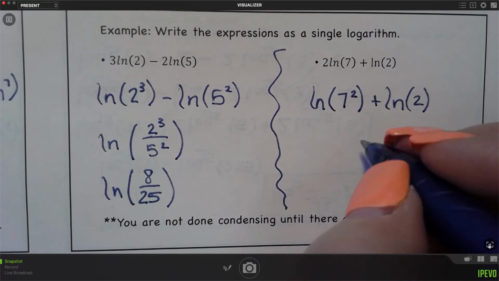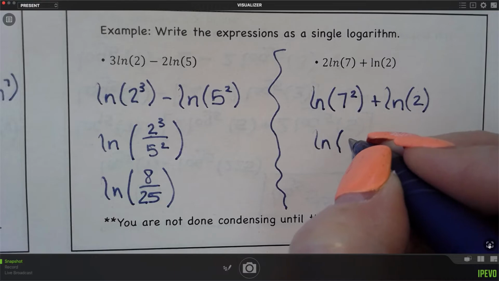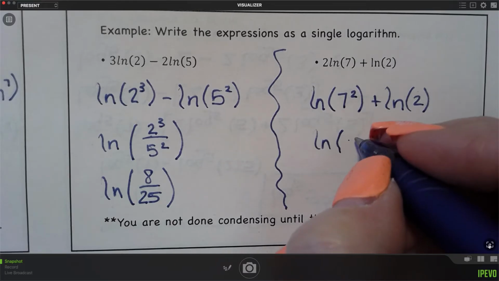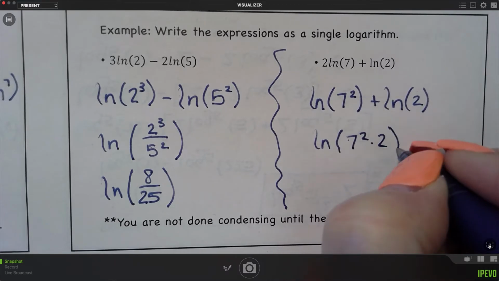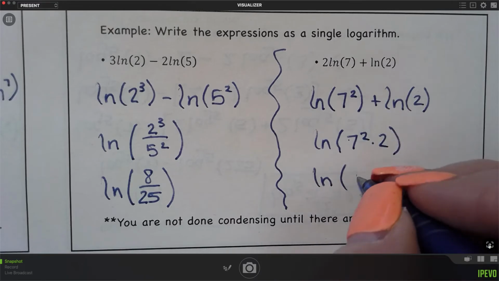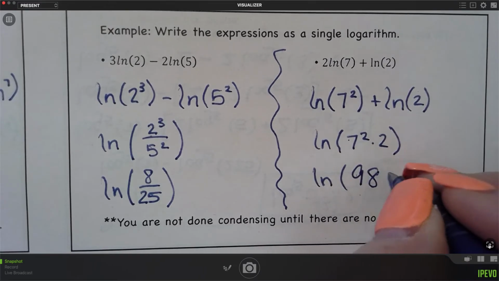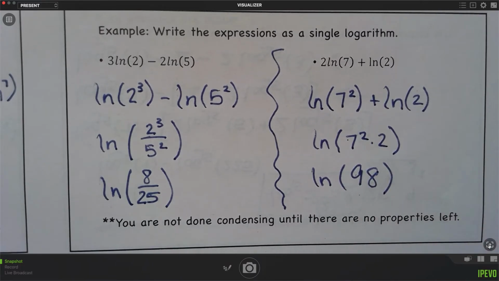Natural log of 7 squared times 2. Did you just put 49? Yeah, I think so. And I got natural log of 98, because 49 times 2 is 98. See, I would have done 49 times 2, but it doesn't matter. Okay, we got this? Yes, ma'am.